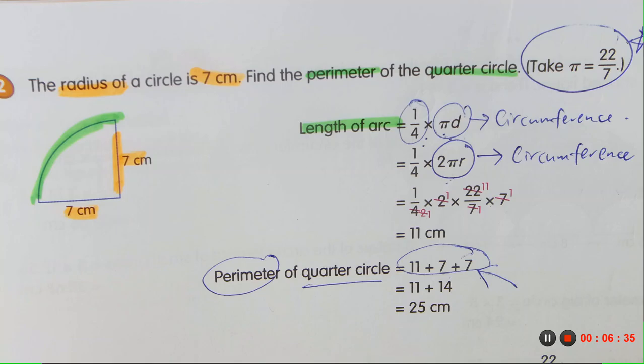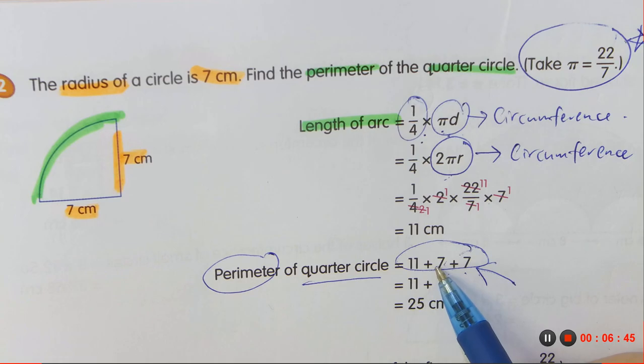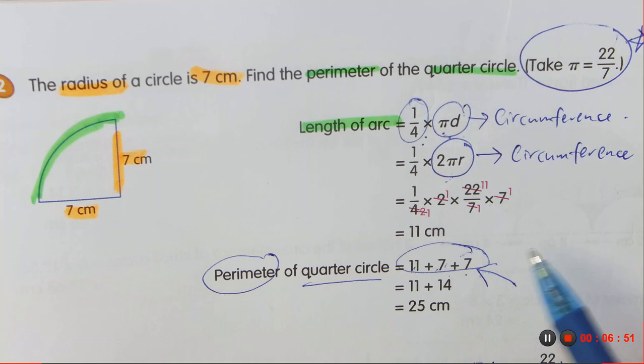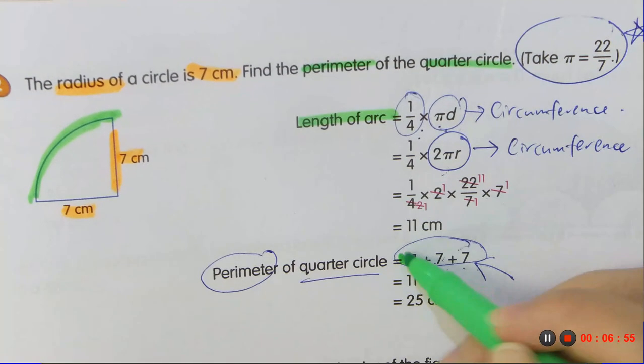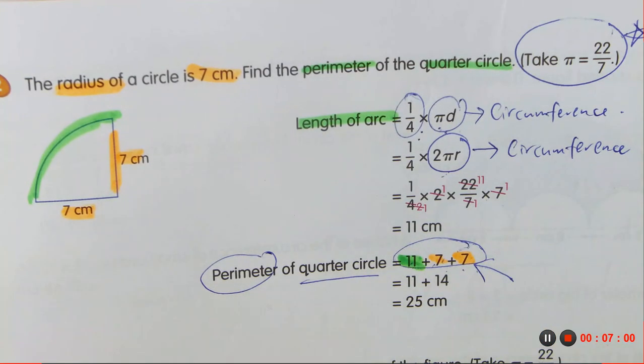All together. Plus what together? The radius plus the radius and the length of the arc. So, you have 11 centimeters plus the two straight lines 7 and 7. Then you get the perimeter of the quarter circle.